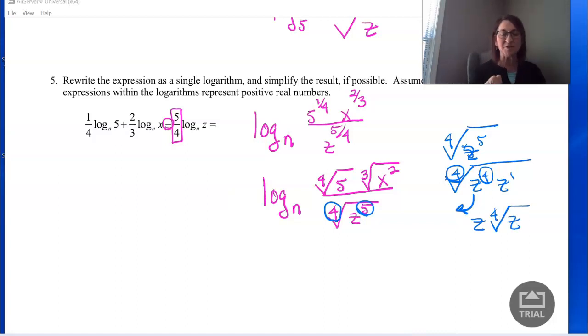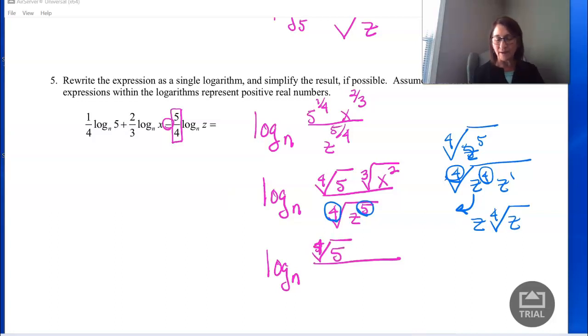That's what I'm going to substitute in there. So my final log simplified as a single log is going to have in the numerator the 4th root of 5 times the cube root of x squared, and the denominator is going to be z times the 4th root of z.